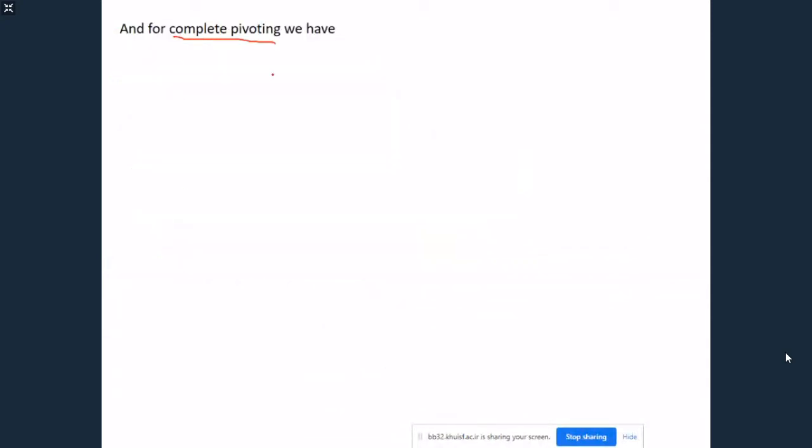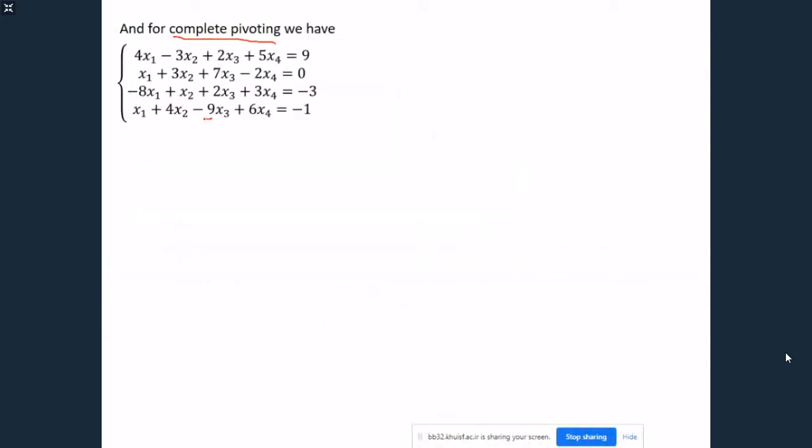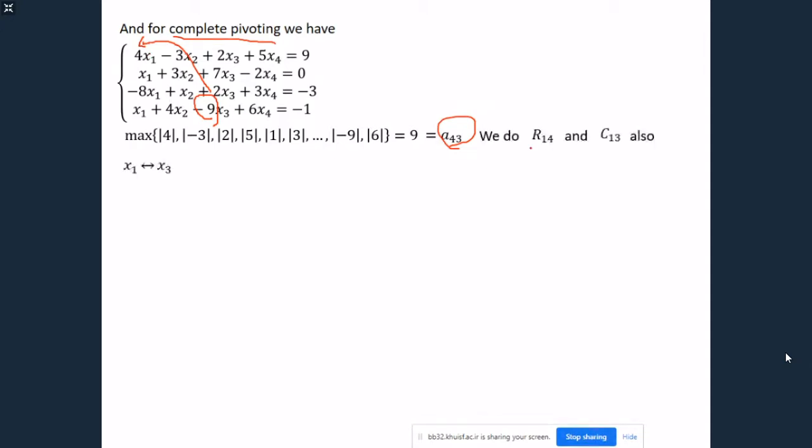With complete pivoting, we have to find the maximum. It's minus 9 in row 4 and third column. We want to change that to the first row and the first column. So we do R14, C13. Also, we change X1 and X3.